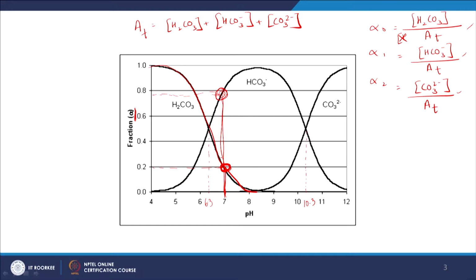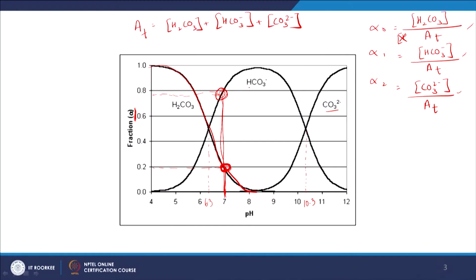So the two species of the carbonate system that are present at neutral pH are HCO3 minus and H2CO3. And as you see from this graph, with respect to the speciation, the pKa 2 is 10.3.